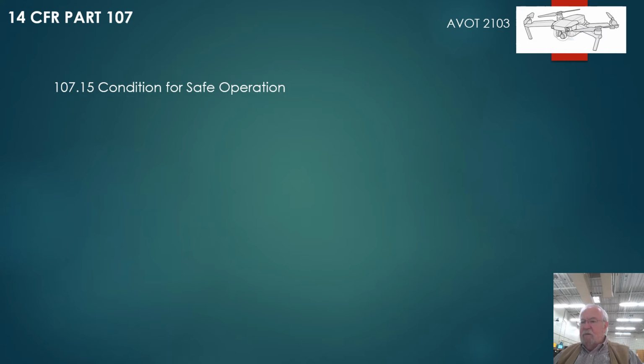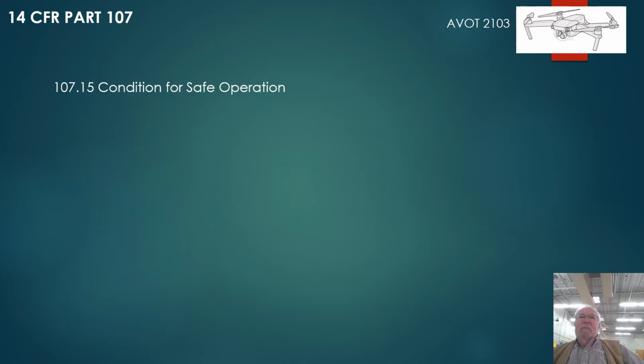Condition for safe operation. Obviously the pilot in command is responsible for not placing the drone in a situation where it might cause a hazard to people or property on the ground. Also, this is paragraph 15.